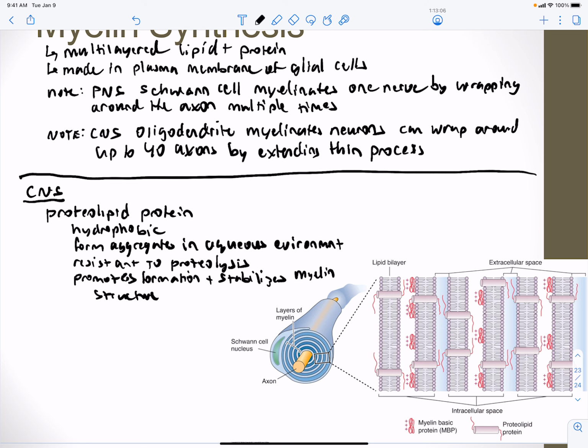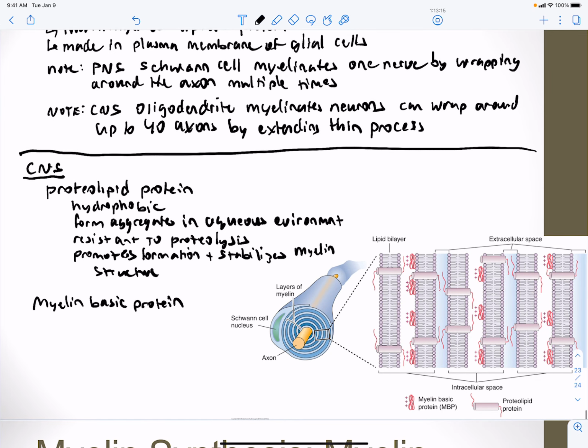We also have the myelin basic protein. And this is going to be soluble in aqueous environment. This is located on the cytoplasmic face of myelin membranes.